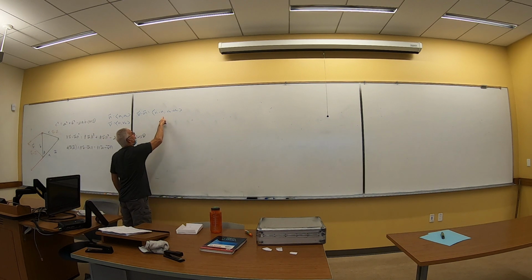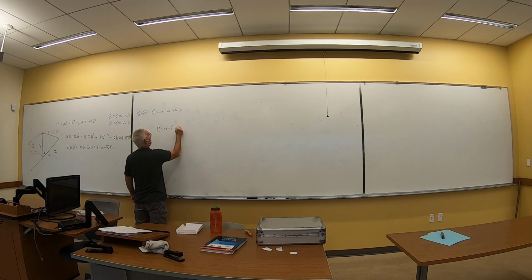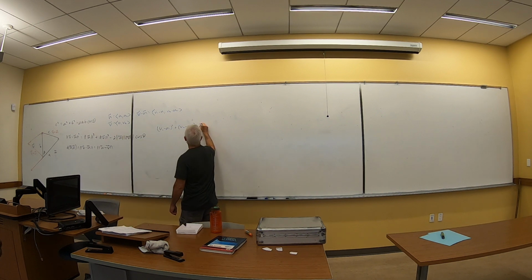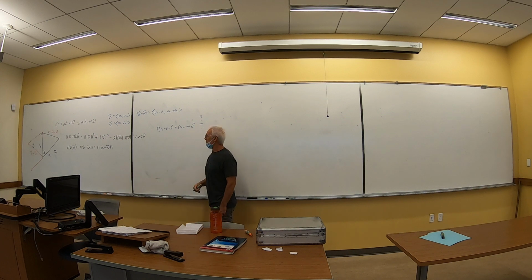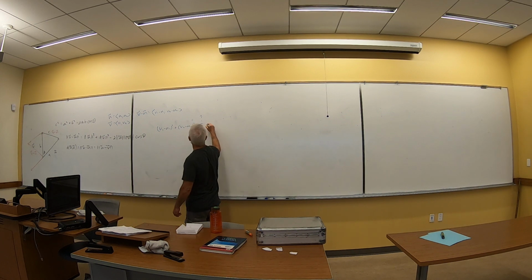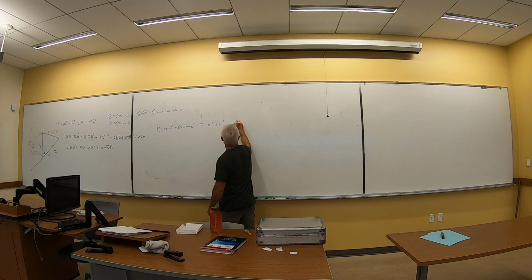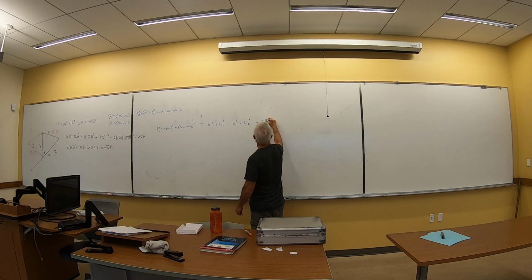So let's find the magnitude of this squared. That would be (v1 minus u1) squared plus (v2 minus u2) squared. And supposedly, it's supposed to equal the magnitude of u squared, which would be u1 squared plus u2 squared, plus the magnitude of v squared minus 2 times the magnitude of u times the magnitude of v times the cosine of theta.